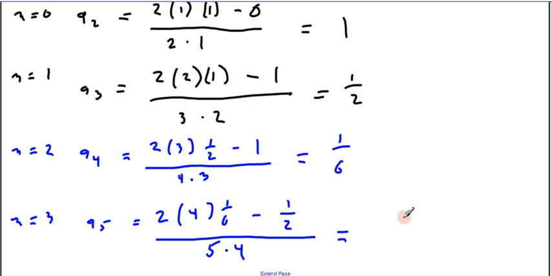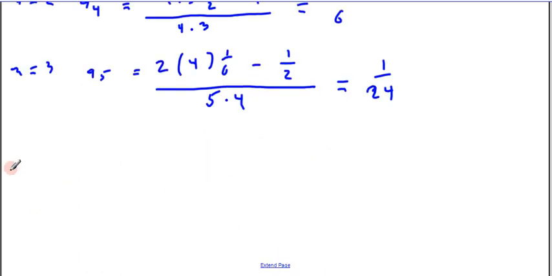And let's see, I have 4/3 minus 1/2. I think it's 1 over 24. Let's hope that's right.